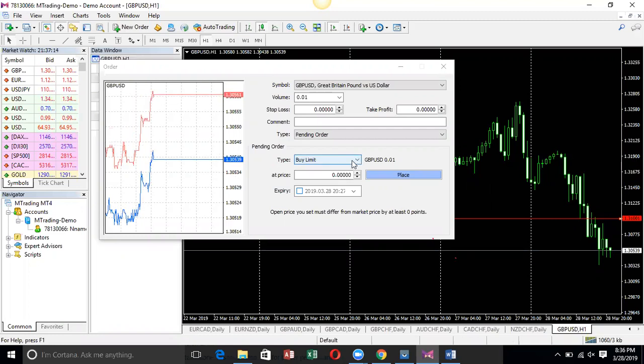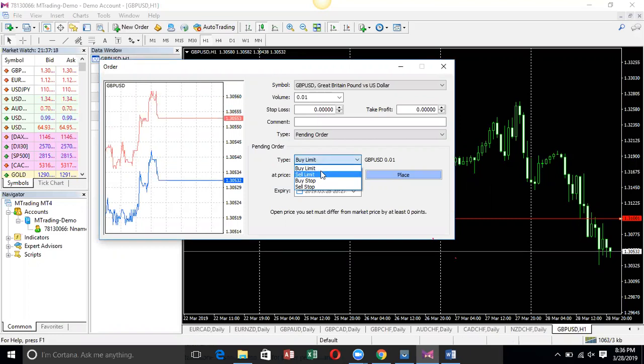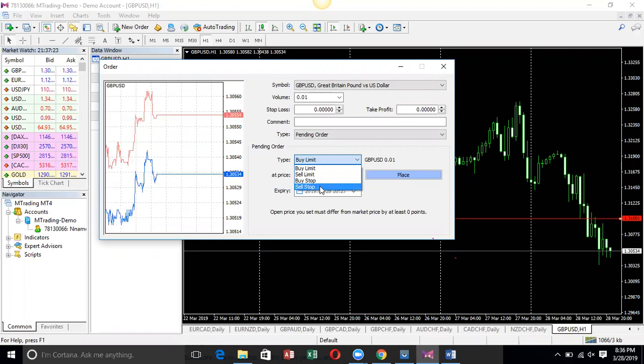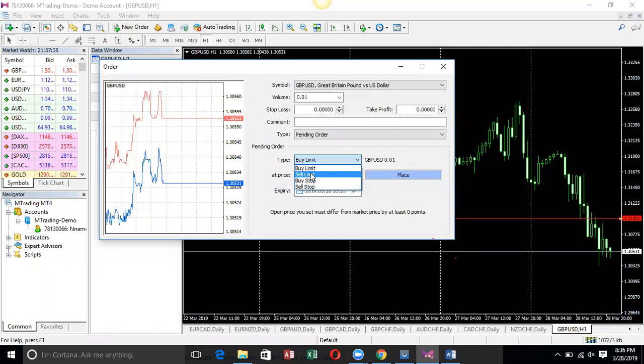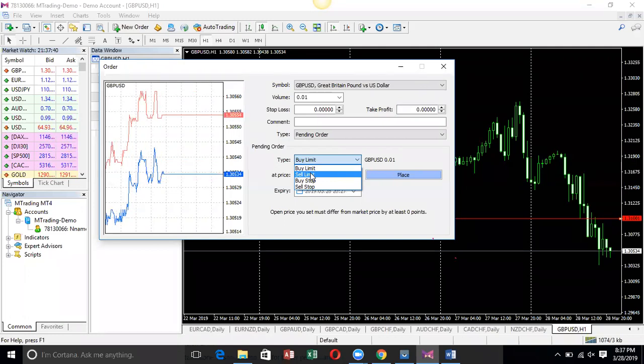Okay. Now there are some things that I've explained about ask price. I will explain this buy limit, sell limit, buy stop, and sell stop. I will just take the buy limit and sell limit. I will just read the meaning and we will stop there. As time goes on, as you continue to trade, as you continue to practice, you will get to know when to use buy limit and sell limit.